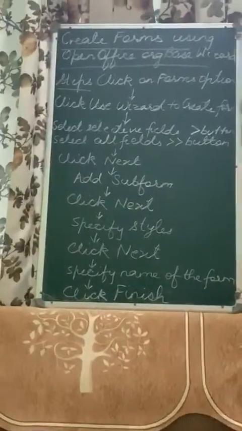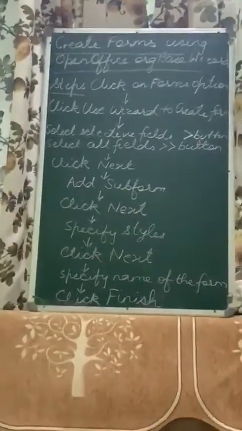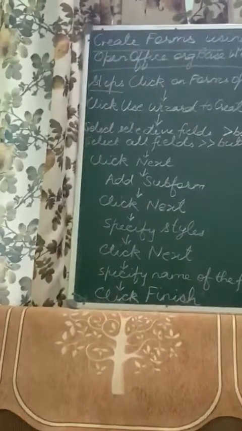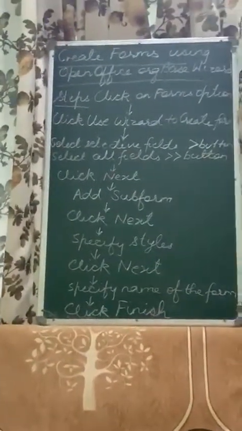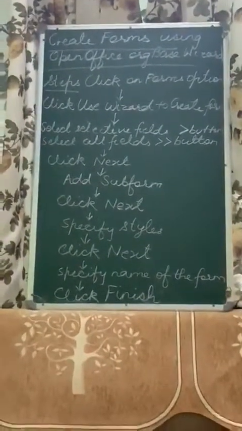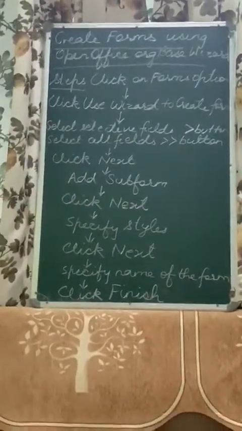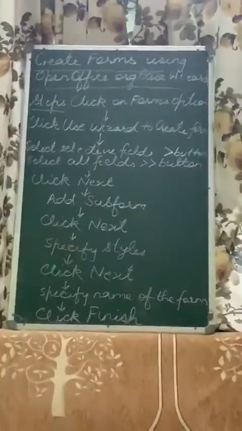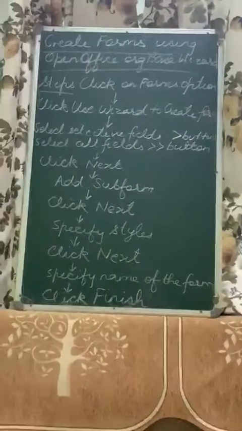Now when you click on this option, the form wizard dialog box appears, which will show you all the fields present in the table. Now you need to create a form from these fields. Either you need all the fields of the table in the form or you need selective fields.